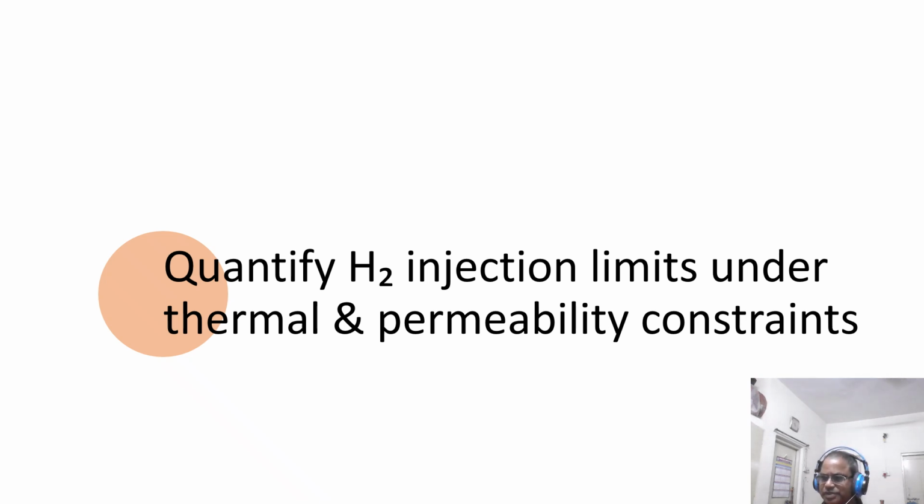Today we are going to discuss quantifying hydrogen injection limits. So in this presentation on hydrogen injection in blast furnace, which is a journey towards decarbonized iron making, we ask the question: how much hydrogen can we inject into the blast furnace while staying within thermal and permeability constraints?